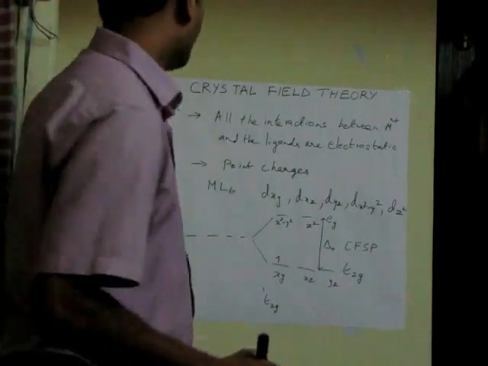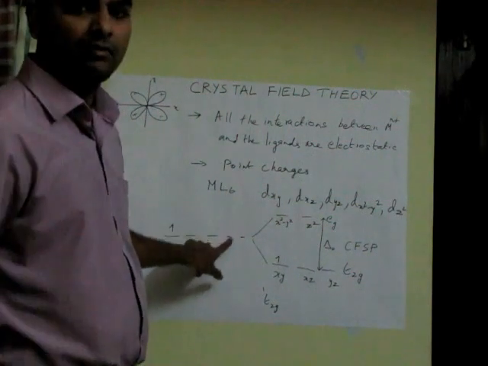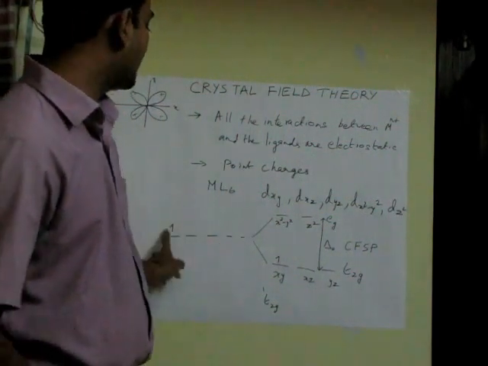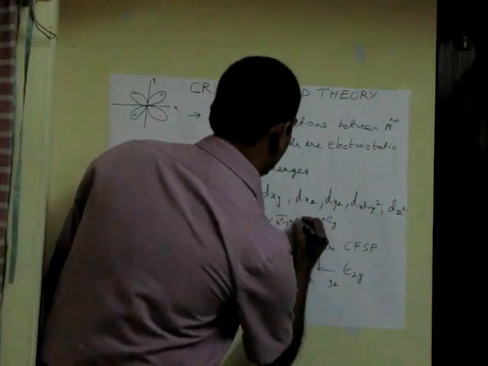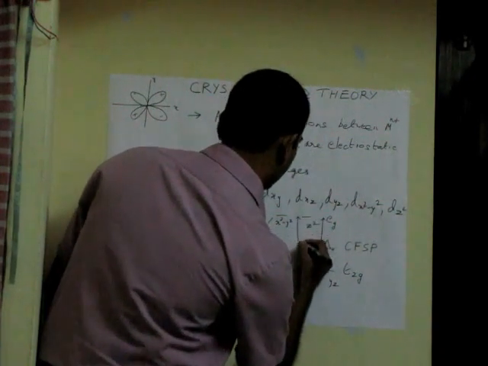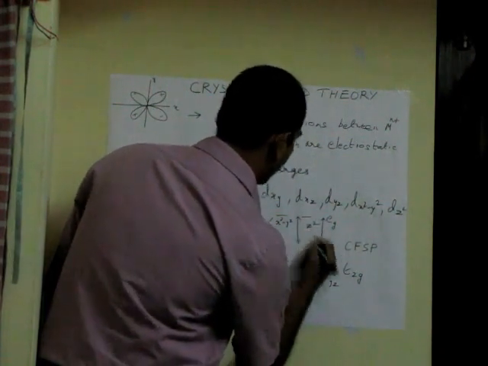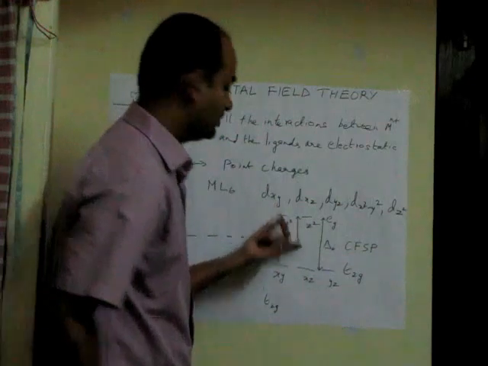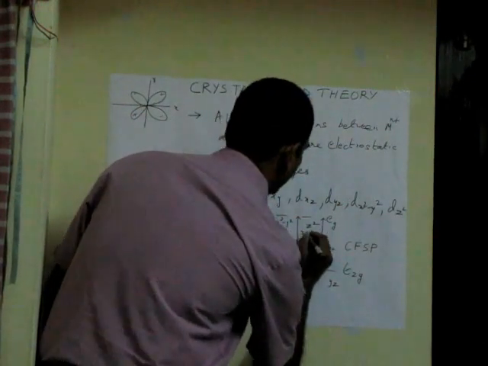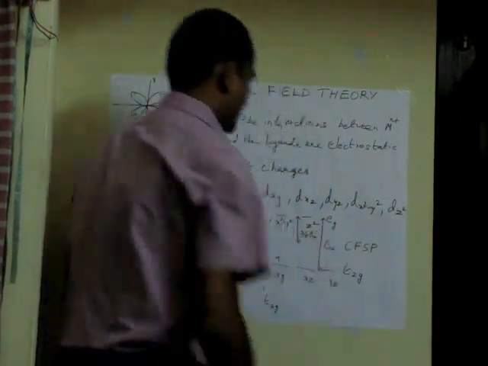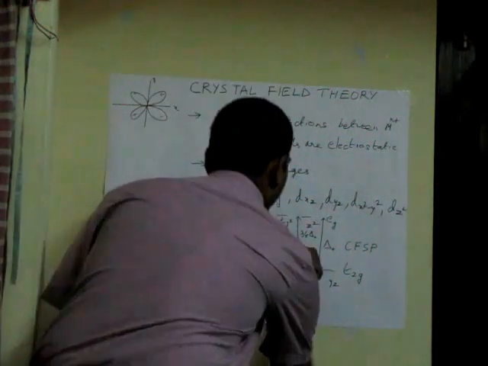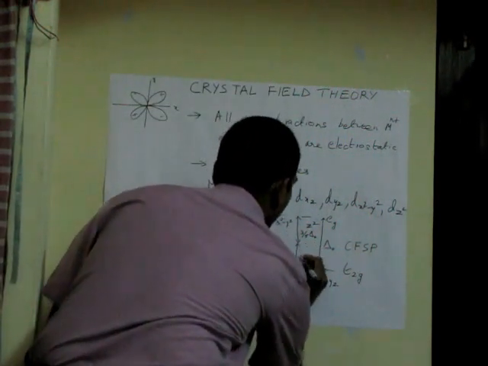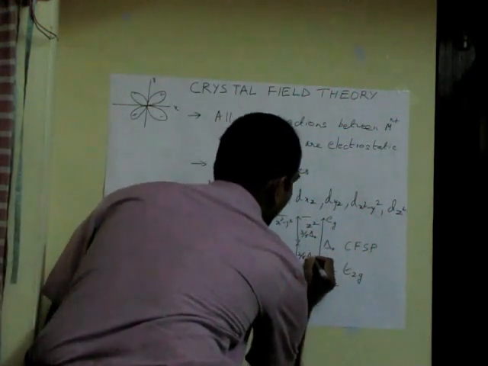With respect to the energy level of the degenerate level, one can easily calculate that the destabilization is 3/5 delta O and the stabilization is 2/5 of delta O.